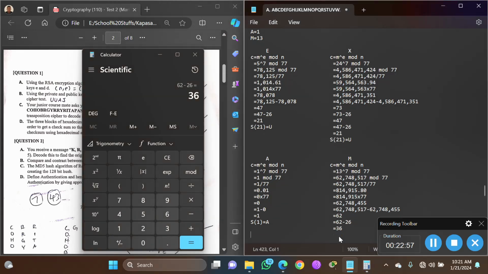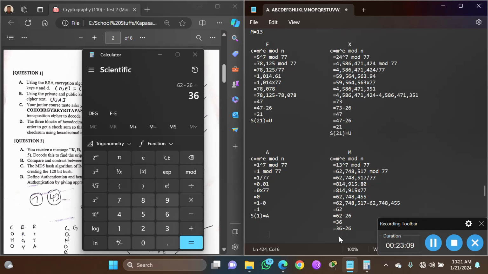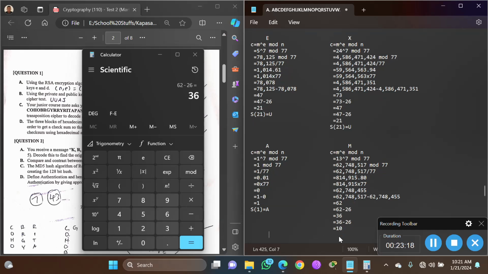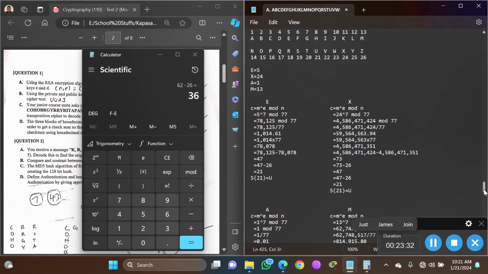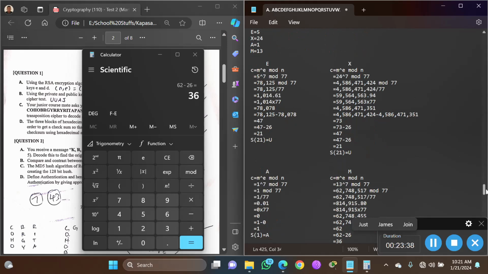Again 36 is bigger than 26, so we need to wrap around again by saying 36 minus 26, and we are getting 10. So 10 is within the range of 26. Therefore the substitution for 10 on the alphabet is equal to J. Let me check to verify. As you can see on the alphabet, J is equal to 10. No wonder we are saying it's equal to J.